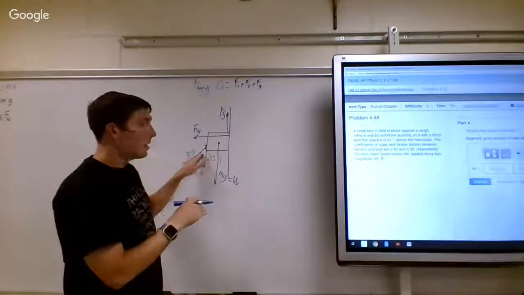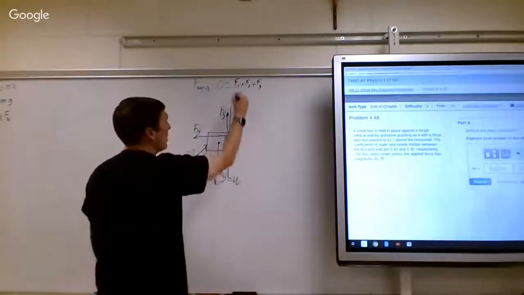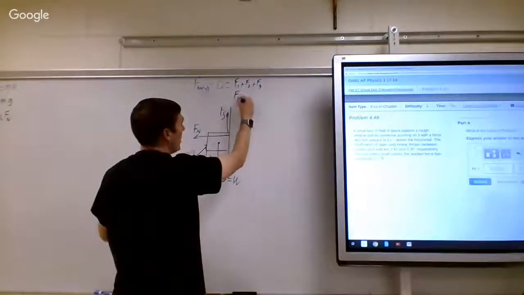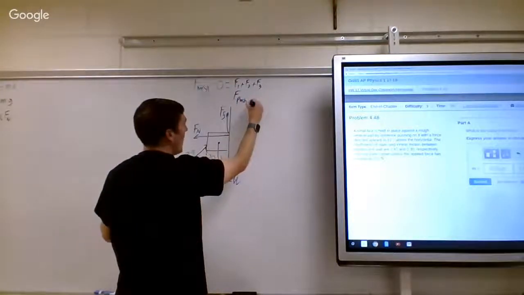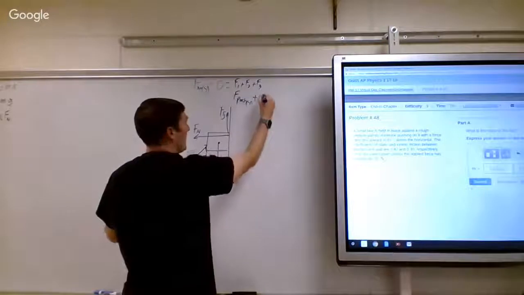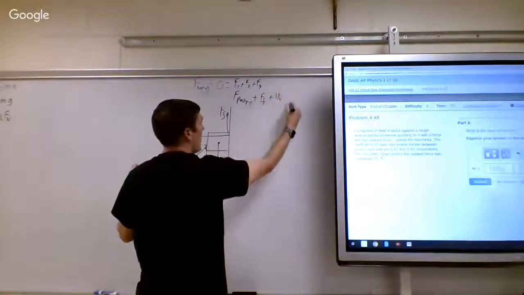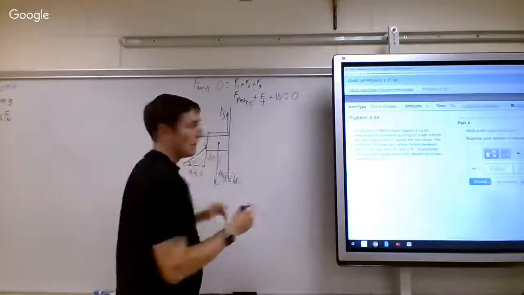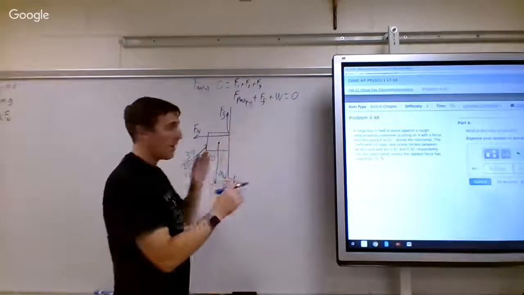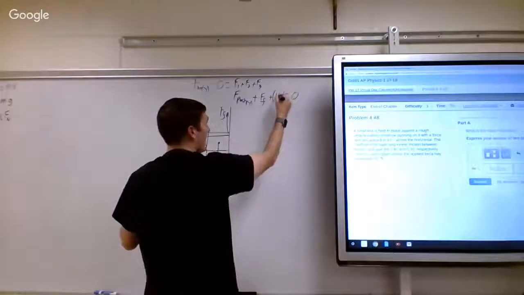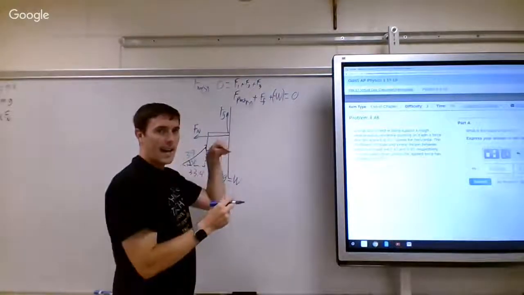So I'm going to call it the push y. So the F of the push in the y plus the force of friction plus the weight equals 0. Does that make sense? Because the weight's going down, so I'm just going to go ahead and put a little parentheses. That guy is negative, down, right?